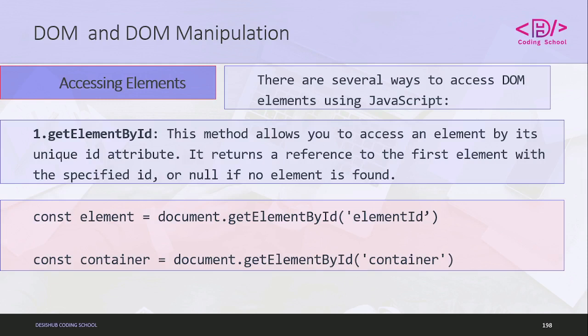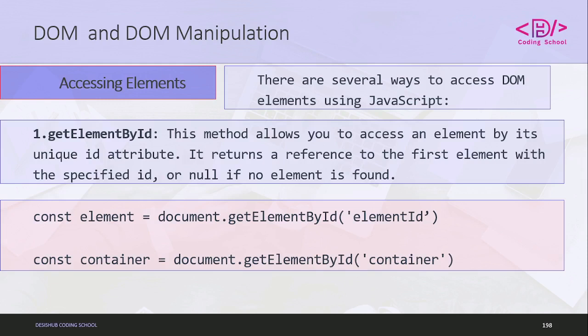Every time I've been teaching HTML and CSS, I've been saying that the IDs will be more important when we reach JavaScript. So this is actually the point where we start using those IDs. It returns a reference to the first element with the specified ID, or null if no element is found.